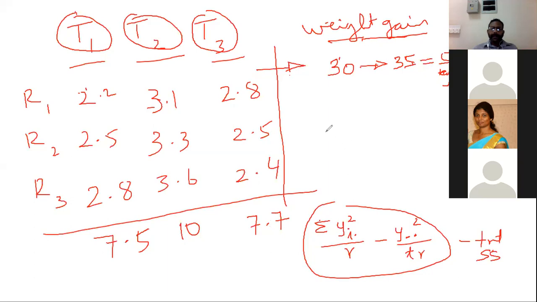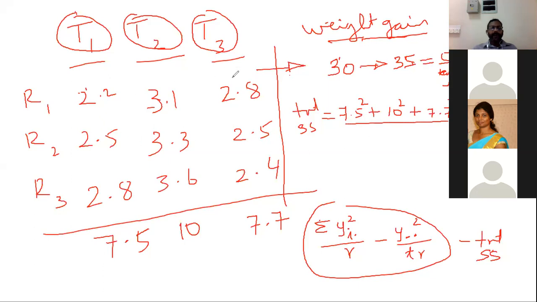So what is the treatment sums of square now? Treatment sums of square is equal to 7.5 squared plus 10 squared plus 7.7 squared, whole thing divided by, what is r here?